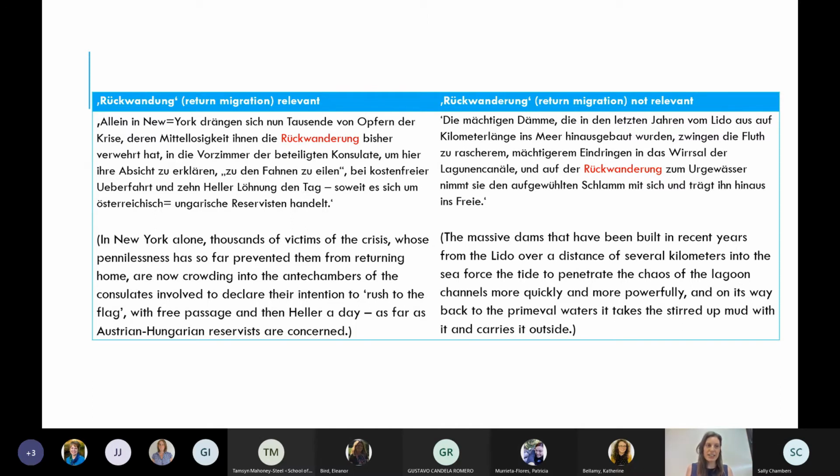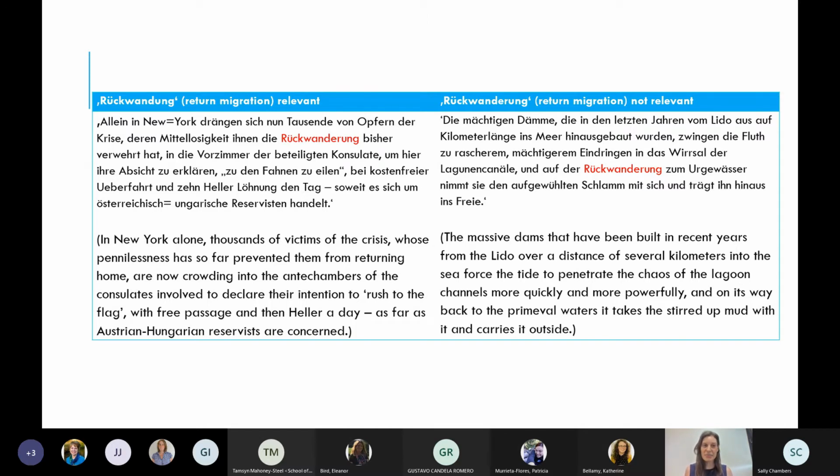And here you can see it's talking about return migration of people that emigrated to New York, and after the crisis they tried to return back to Austria-Hungary. So this text is actually very relevant for my research when I'm dealing with return migration. I'm very interested in those discourses on people that returned back to Austria-Hungary. You see here a time when Austria-Hungary was still existent.